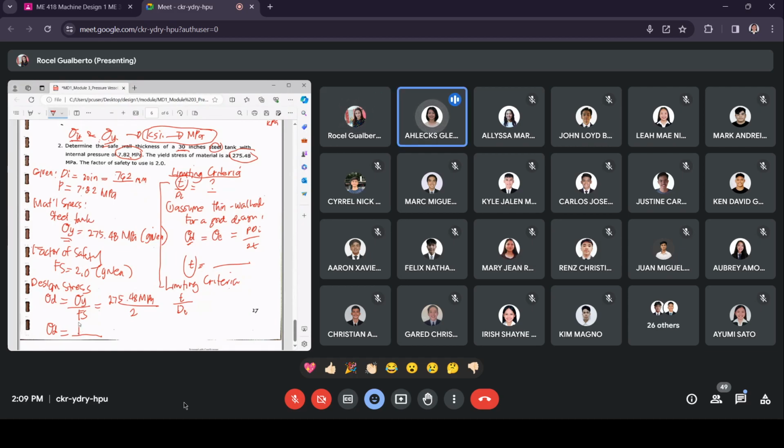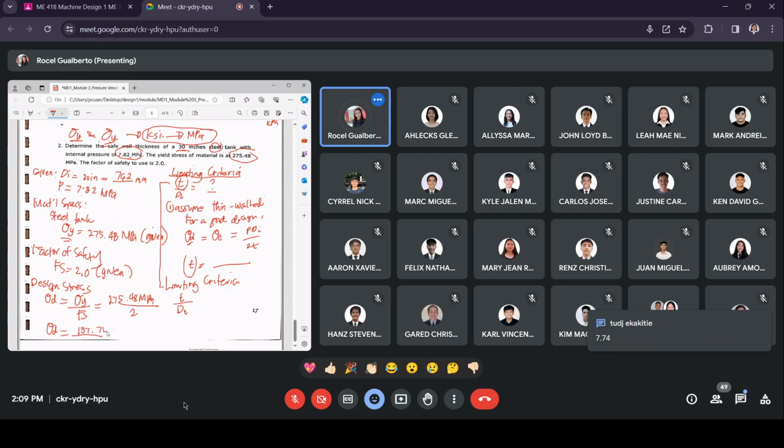The value would be 137.74. Again, 137.74. Yes, 137.74 megapascal, that is correct. So this is in megapascal.